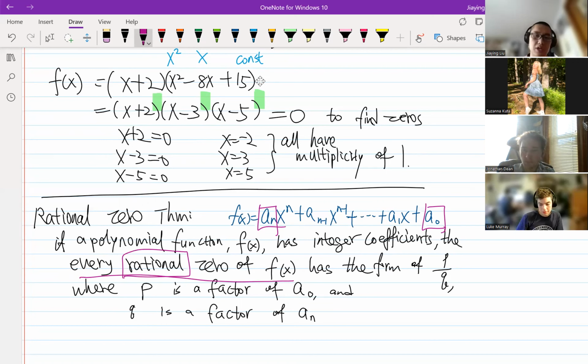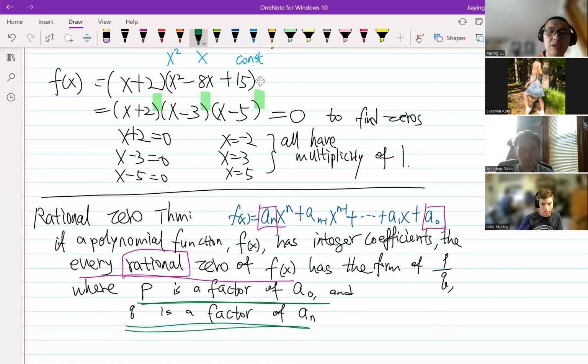So each of these rational zeros of f of x could be written in this p over q form, and p is always going to be a factor of a0. So p is a factor of the constant term, and q is a factor of the coefficient of the leading term.